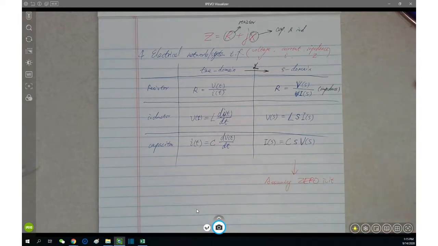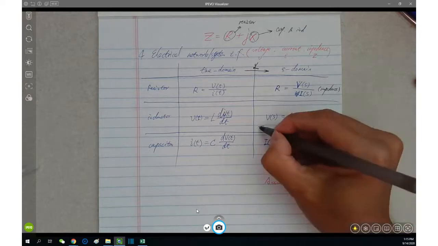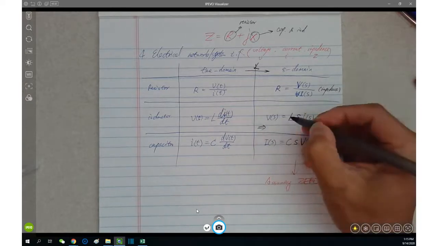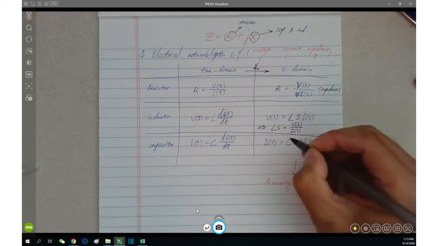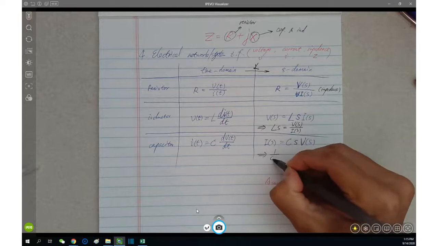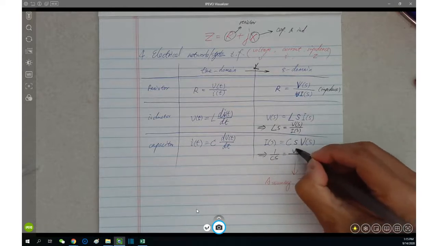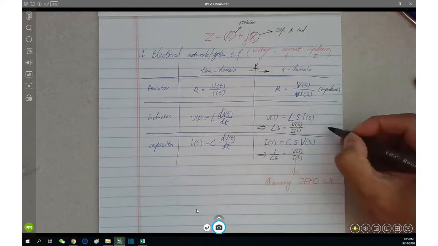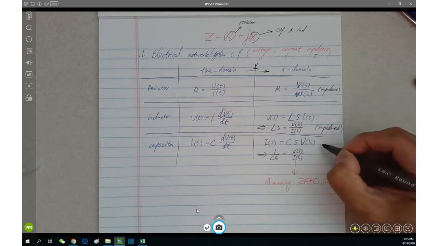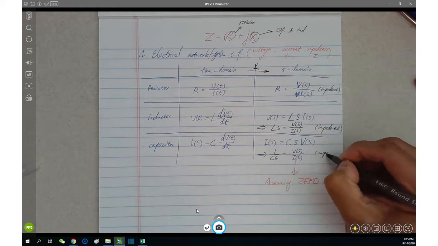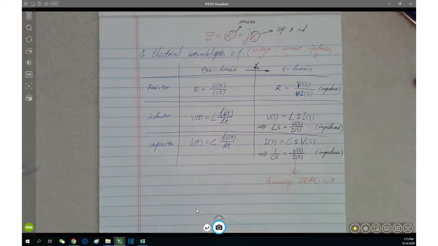This is the capacitor and the inductor. Of course, we can derive the impedance. In black, I'm deriving the impedance of the inductor and the capacitor in the frequency domain.